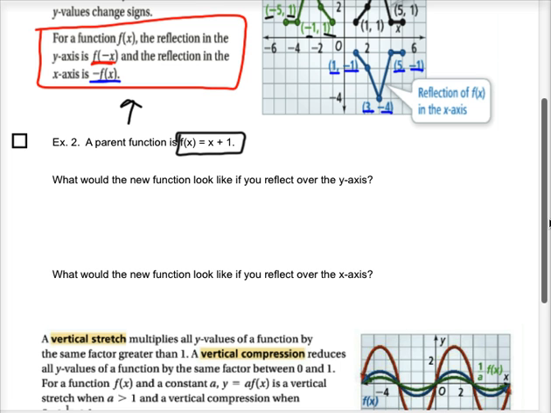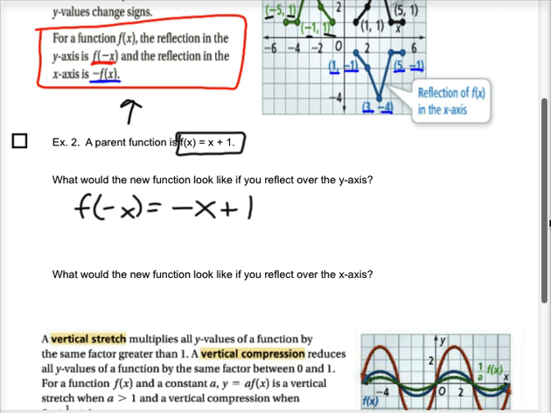So across the y-axis, all you do is you put a negative in with the x. So you actually end up just getting that. That is your new function, your reflected function, because over the y-axis, you only change the x.